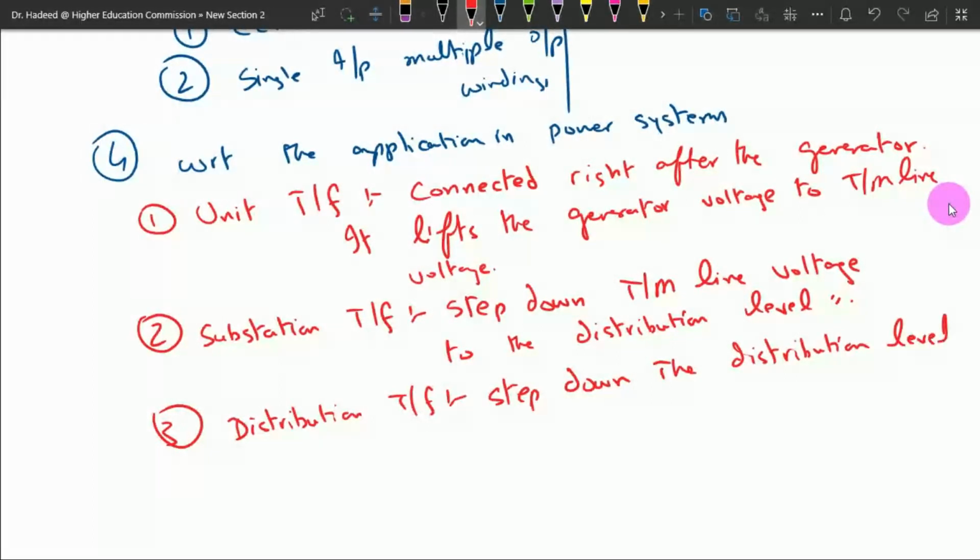For example, in Pakistan, mostly this is 11 kV to the domestic device level, which is 220 volt RMS in Pakistan for single phase and 380 for three phase. We also have the transformer which is known as an instrument transformer.